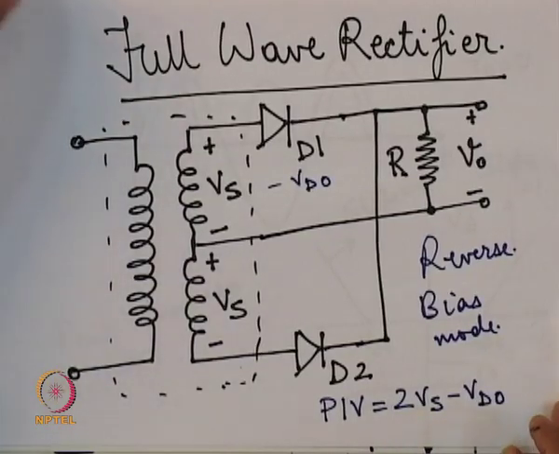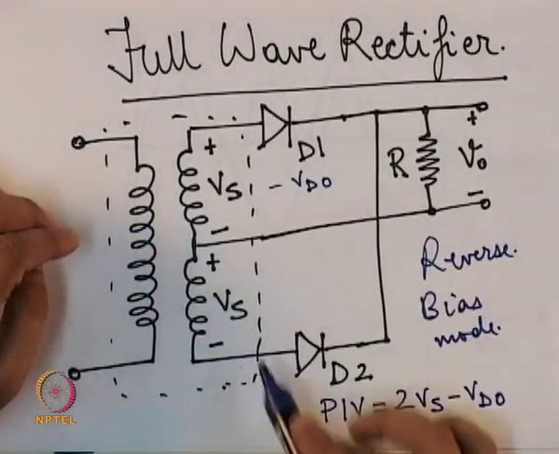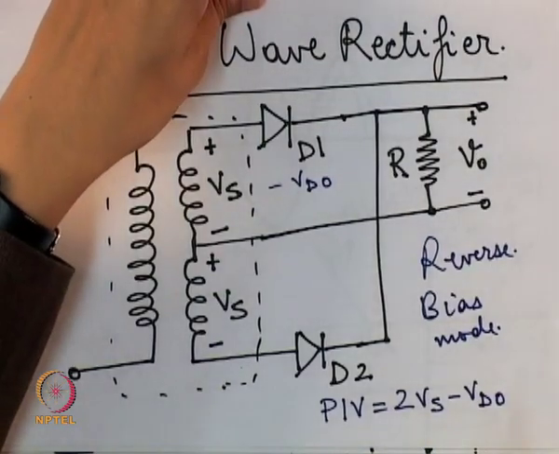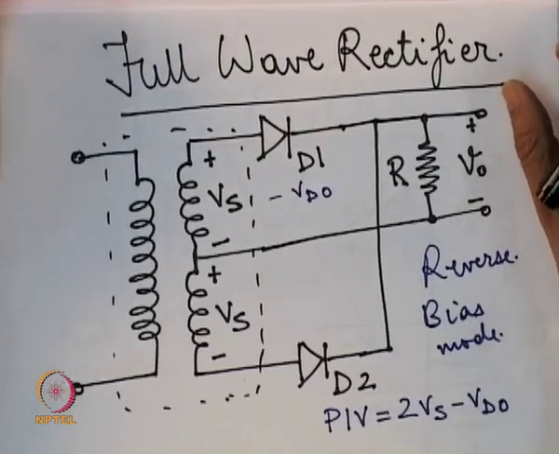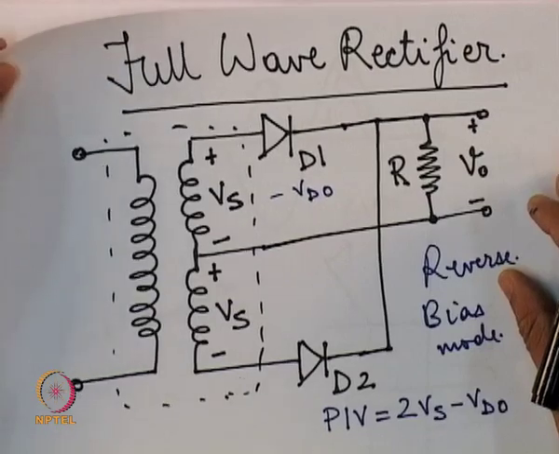If our Vs is very large, then there is a risk that the diodes can break down, and therefore, to avoid that, we always try to reduce the peak inversion voltage. So, one circuit where we are able to do a full wave rectification yet reduce the peak inversion voltage is what is known as a bridge rectifier.